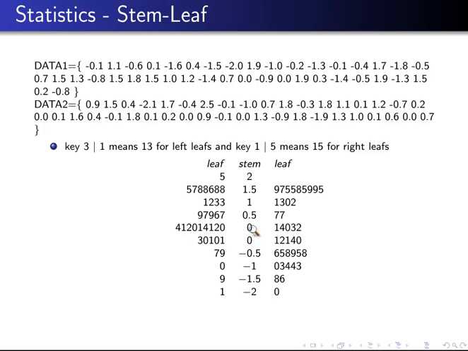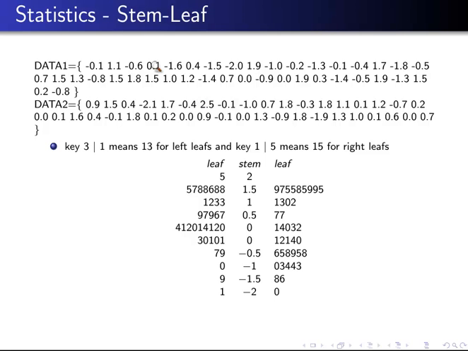So this one would be anything with the first decimal place being 0, so 0.0 up to 0.5. So every time we get a number between 0.0 and 0.5, we put it here.